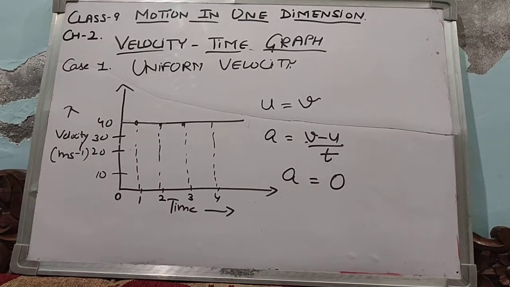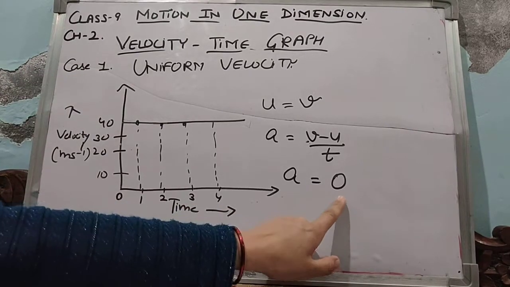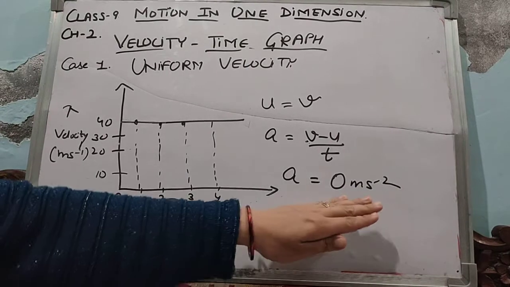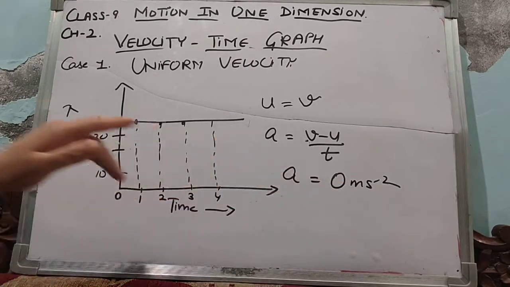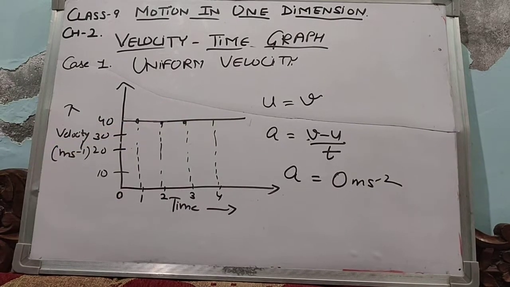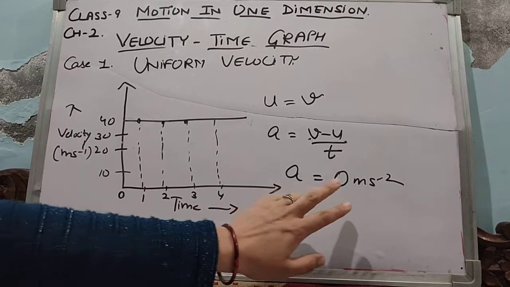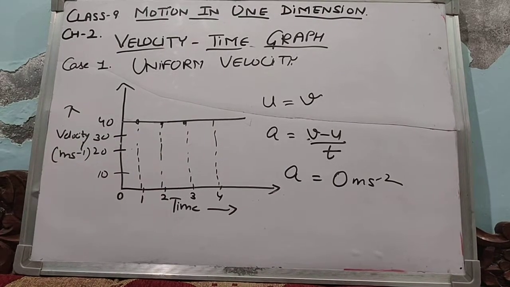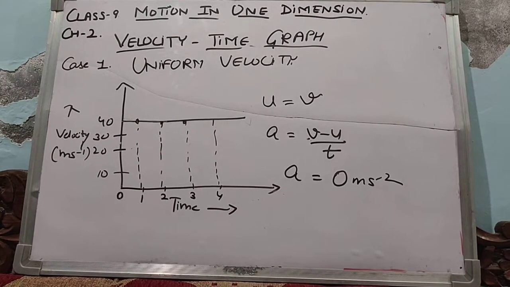So for uniform velocity, a is always equal to 0 meter per second square. You have to learn this, that if someone asks you what is the value of acceleration for uniform velocity, then you can say that the value of acceleration will be equal to 0 and graph will be a straight line parallel to time axis.